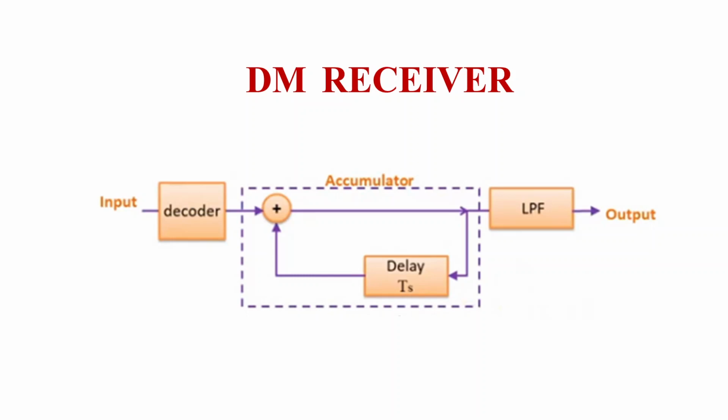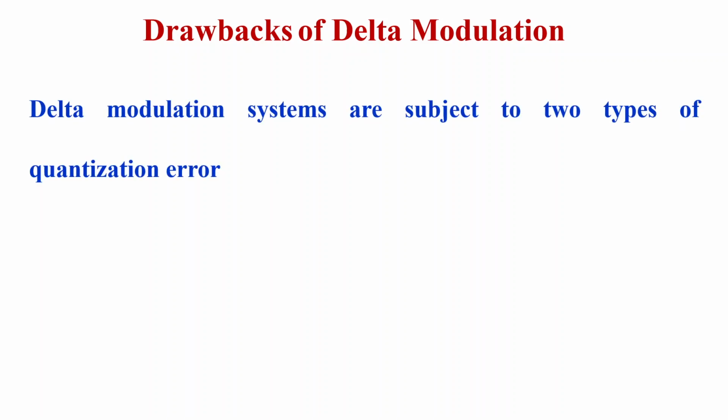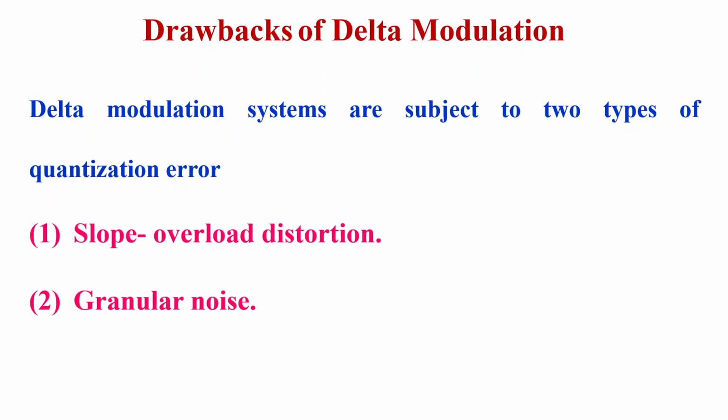That is the information. Coming to the drawbacks of delta modulation, it has quantization error. One is slope overload distortion and the other is granular noise. These two are the errors, distortion or noise present in delta modulation.